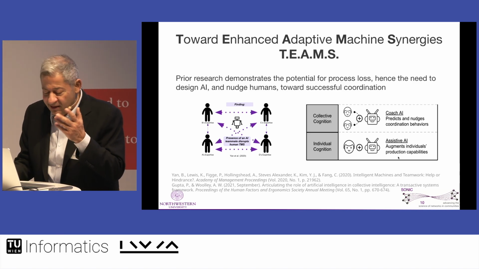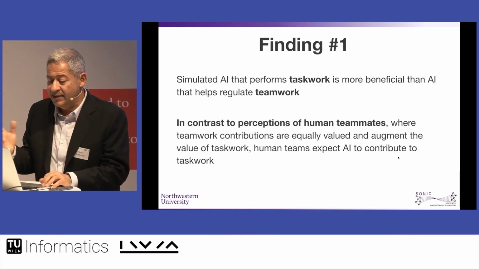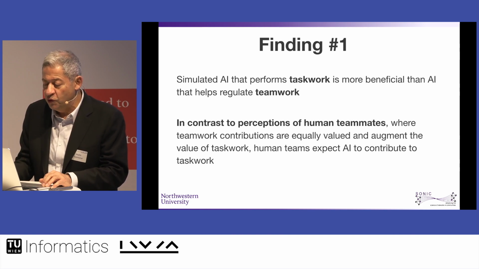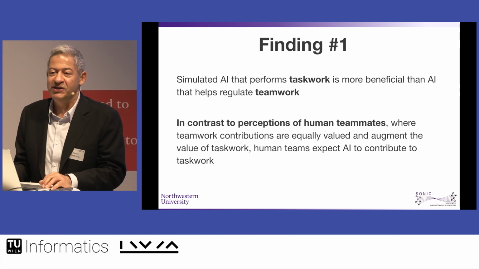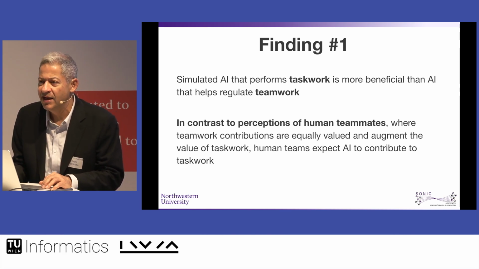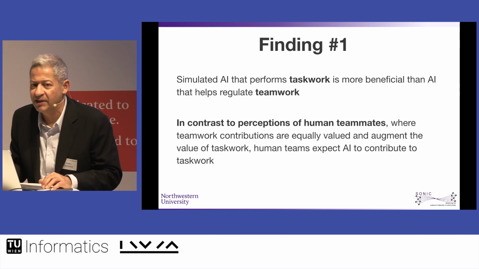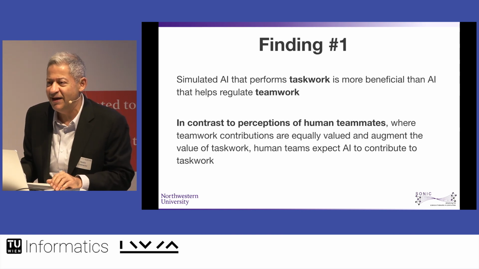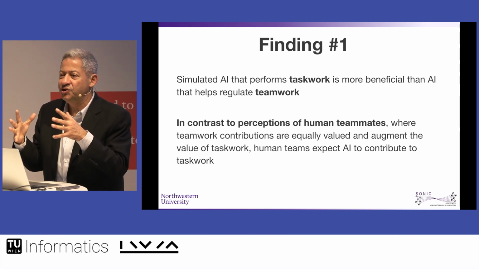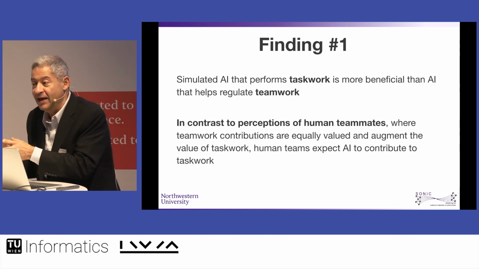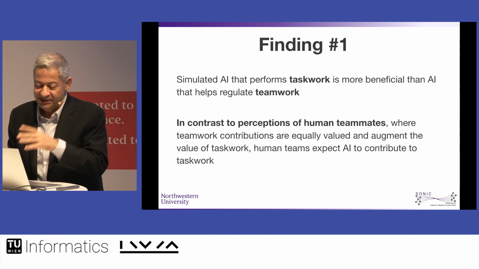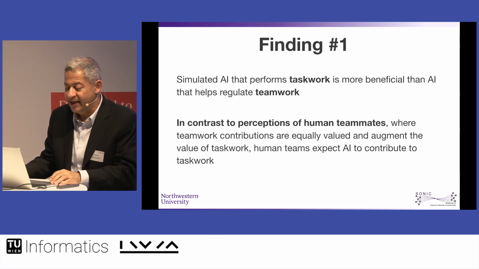And what we find, and these are preliminary results, is that in contrast to perceptions of human teammates, we really don't like AI to tell us group facilitation. We don't like AI to tell us, oh, I haven't heard from you, can you say something? Oh, look, we only have 10 minutes left, can we move on? We are much more happy having a human tell us that, but we are very happy to have the AI give us content-based suggestions. Again, these are preliminary studies, and they may change.